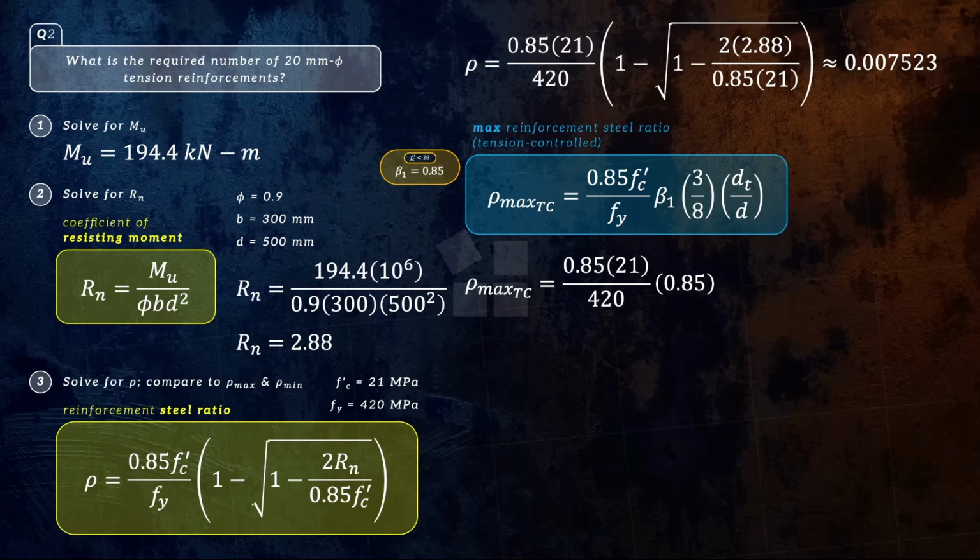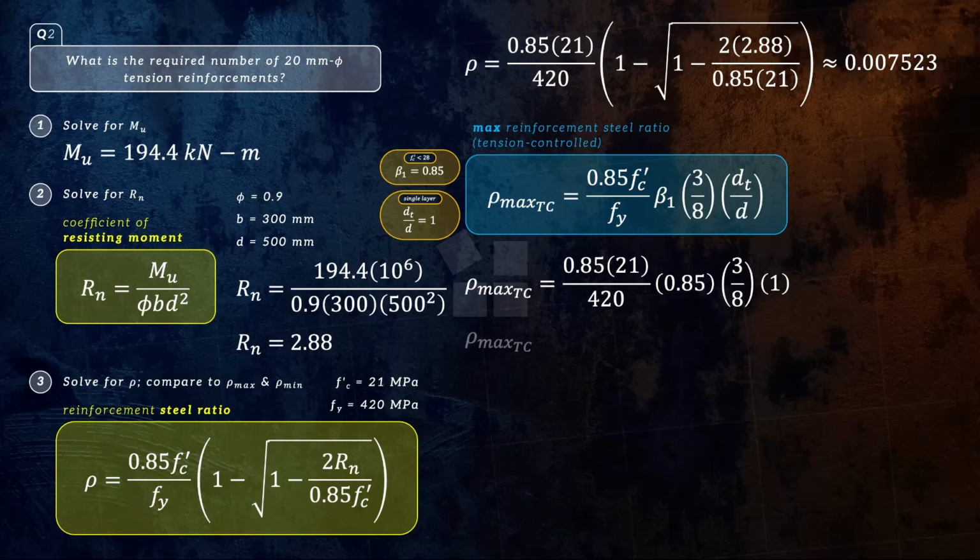For f'c's less than 28 megapascals, the value for beta 1 is equal to 0.85. So we will have times 0.85 times 3 over 8 times dt over d. For this case, since we are designing, because we are finding the required number of bars, let us assume single layer tension reinforcements. Doing so, for single layer, dt over d is simply equal to 1. So we will have times 1.